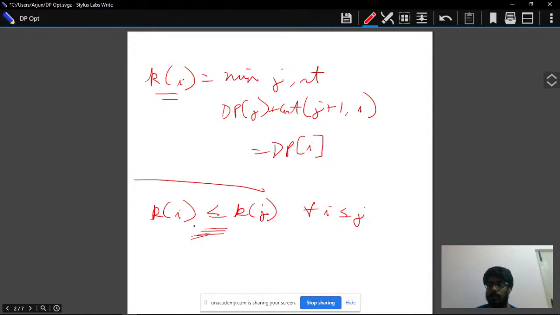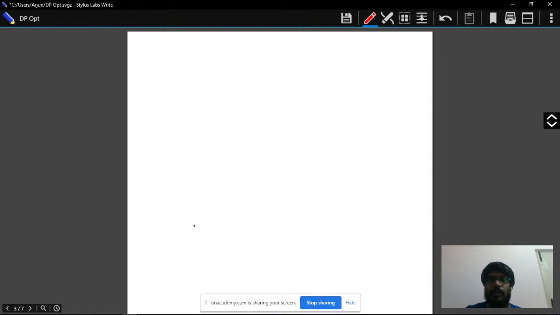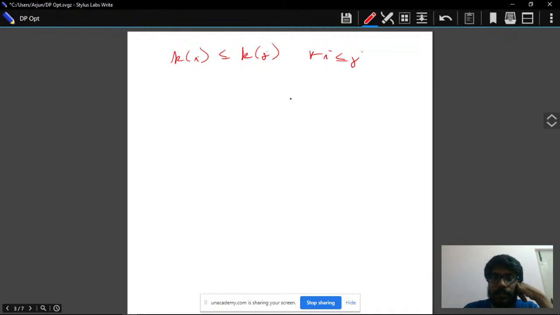Okay, so k of i. Let's for now assume this: k of i less equal k of j for all i less equal j, and this very directly implies a naive optimization, which will end up being pretty useless, but let's look at that optimization nonetheless.